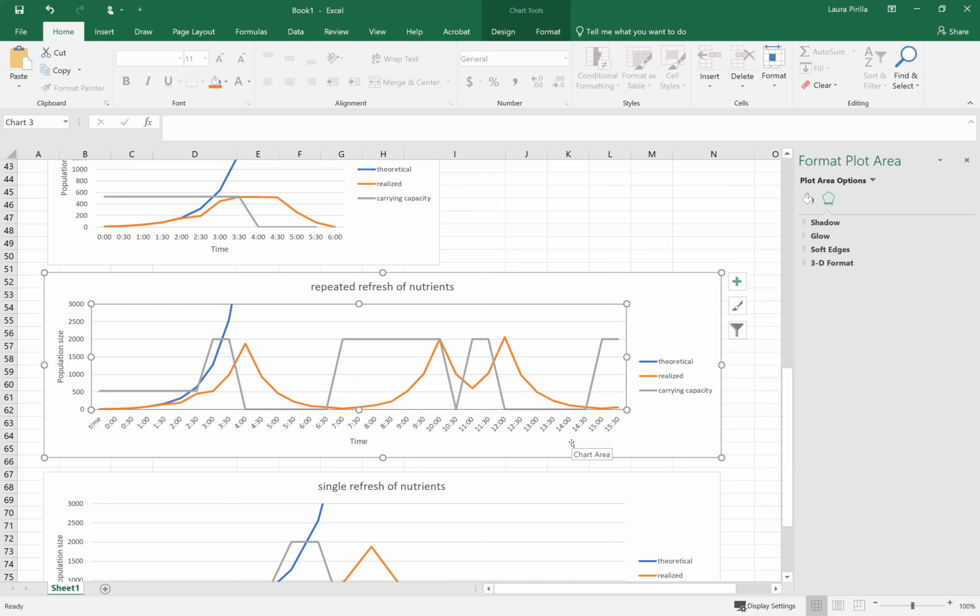That's pretty similar to what would happen in a seasonal environment. Like, for example, if you've got a population that thrives in the summertime, their population numbers go up in the summer and they go down in the winter, and it just kind of oscillates at the carrying capacity of that environment.